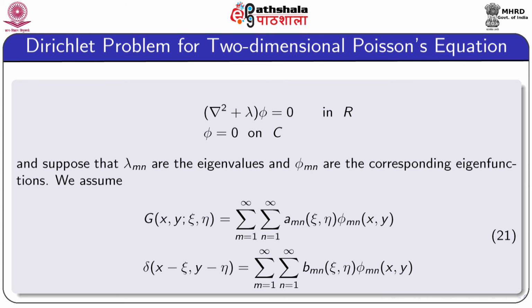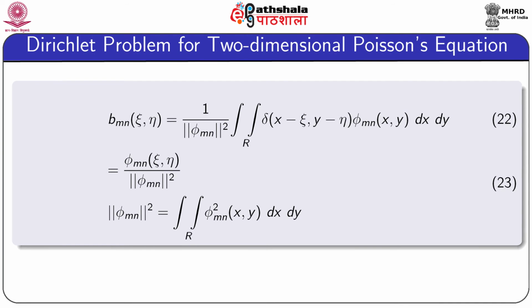Now, using the orthogonality property of phi mn, from the delta function we can obtain the values of Bmn. So, Bmn equals 1 divided by norm phi mn square, double integration of delta phi mn over the region capital R. Now, using the property of the Dirac delta function, the value of the integral is phi mn of xi, eta.